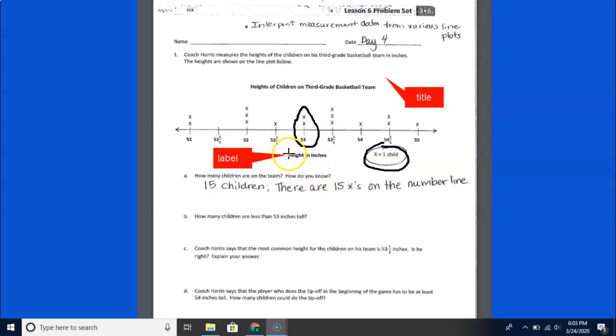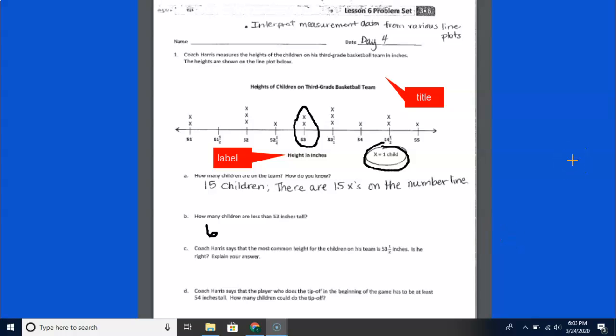So I need to look for measurements less than 53, which would be 52 and a half, 52, 51 and a half, and 51. If I count all of those children, we have 1, 2, 3, 4, 5, 6 children that are less than 53 inches tall.